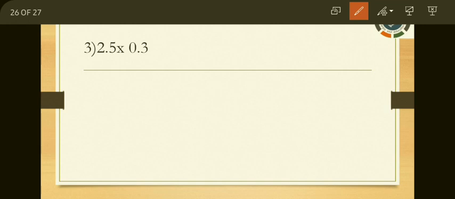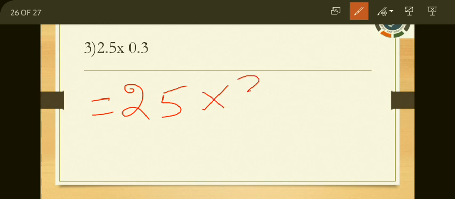Next question, 2.5 into 0.3. Now you ignore the decimal point. 25 into 3. So now you multiply 25 into 3. 5 threes are 15, remaining 1. 3 twos are 6, 6 plus 1, 7. 25 into 3, answer is 75. Now look at the question. Here how many digits are there?